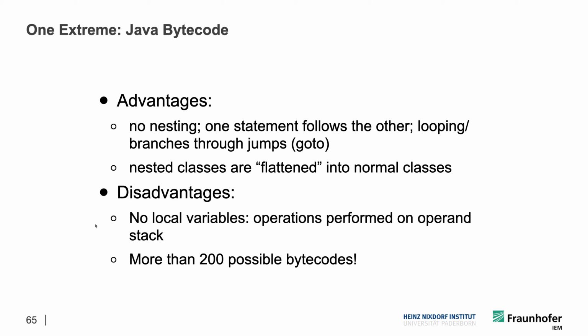And another disadvantage is that there are more than 200 possible bytecodes. So that's quite a bit. Essentially, that means if you are processing bytecode directly with your static analysis, whenever you are processing a single statement, there are 200 different cases that you need to consider. And that just makes for a bit of a convoluted analysis implementation if you are not careful.